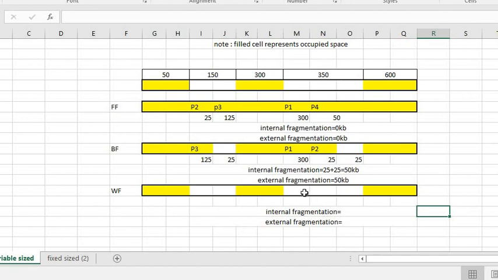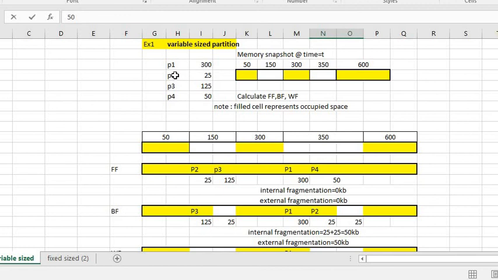So P1 is accommodated here by allocating 300 bytes for it. The left out space out of 350 would be 50 here. There is a hole of 50 kilobytes.